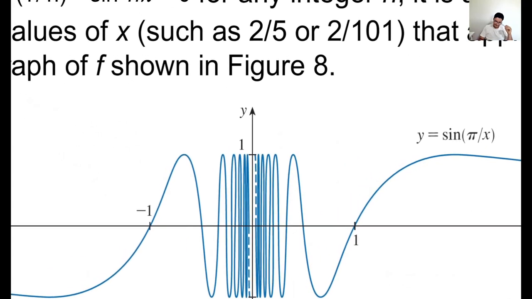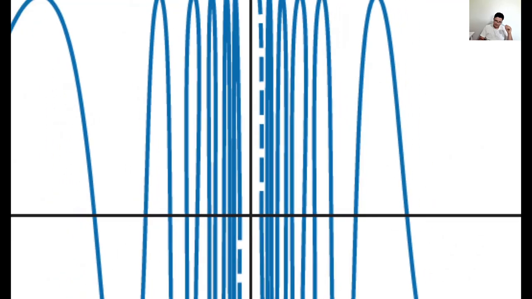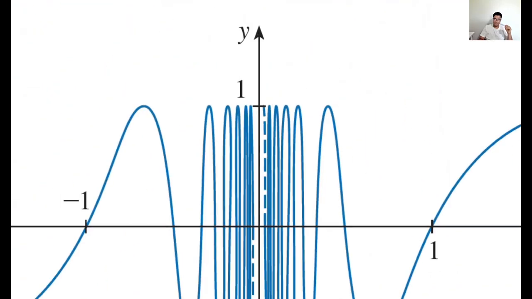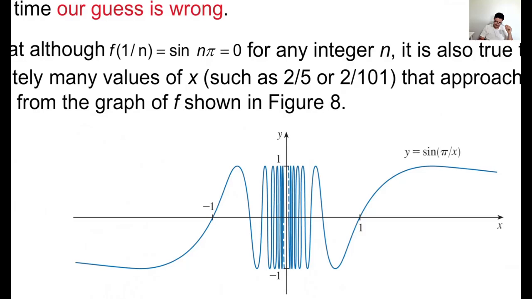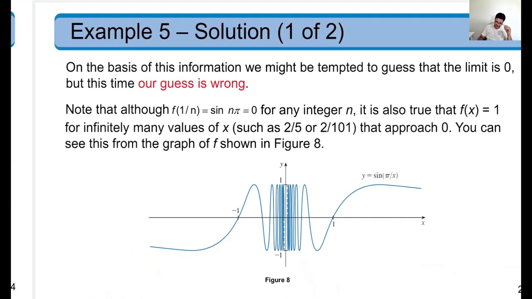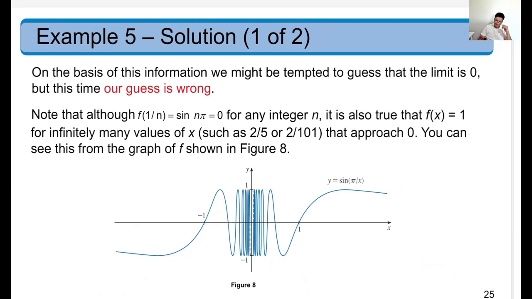So here's the graph I was trying to draw earlier. That's the classic graph of sine of 1 over x. What they said our guess is wrong is probably because they just looked at the values at those integer points and saw that every time it is 0.